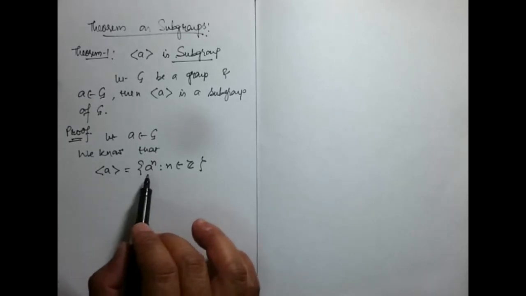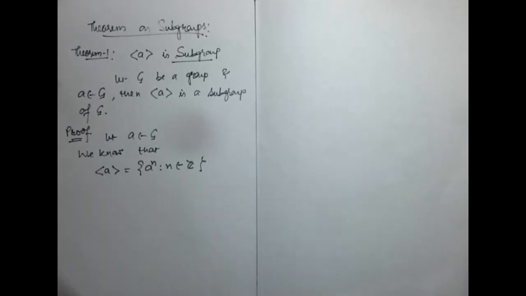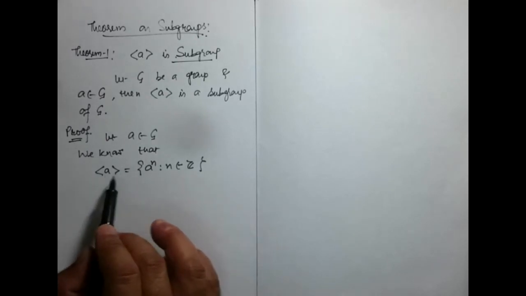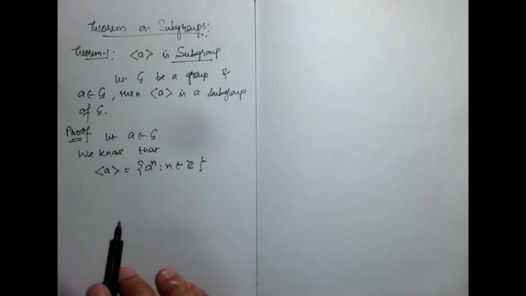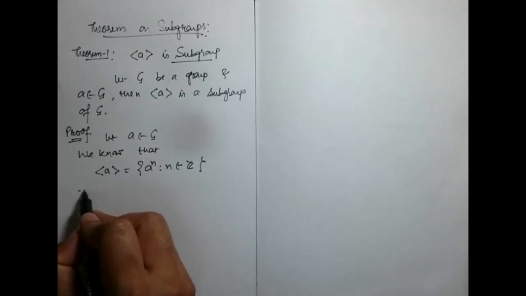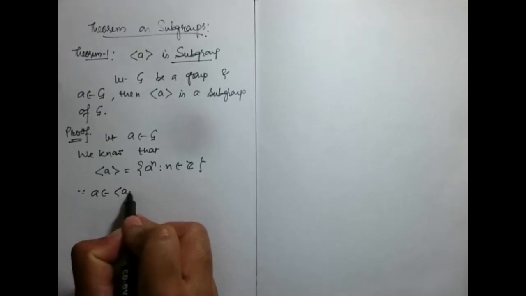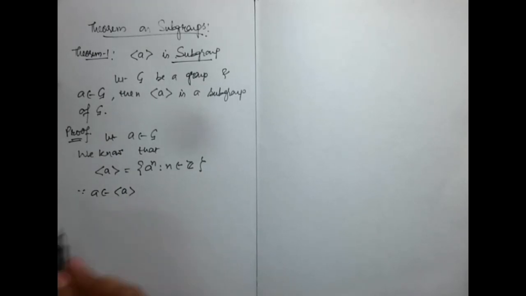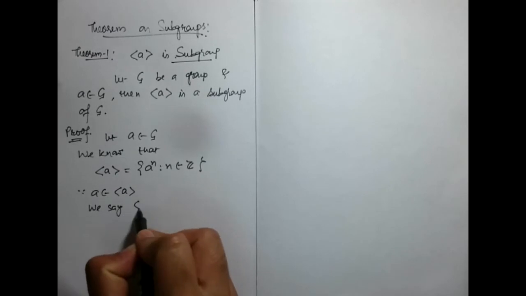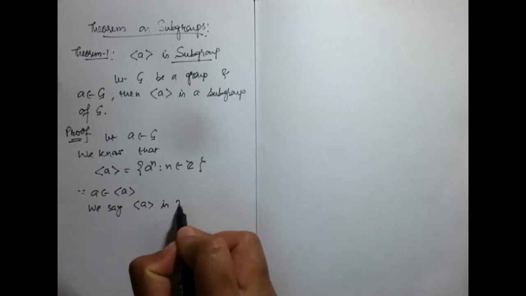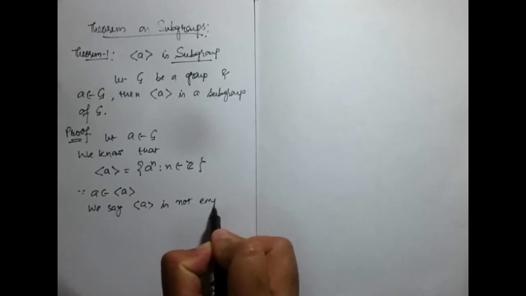That is, this set is generated by a. So ये पूरा सेट a से जनरेट हो रहा है, तो इसमें एलिमेंट a तो होगा ही होगा. Since a belongs to ⟨a⟩, we say ⟨a⟩ is not empty.